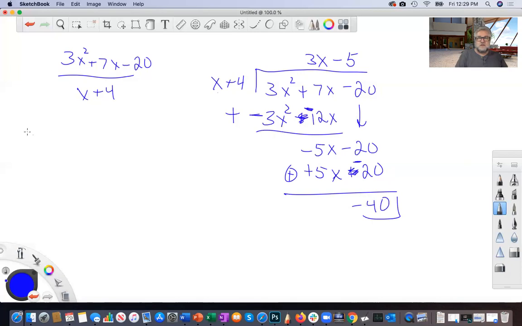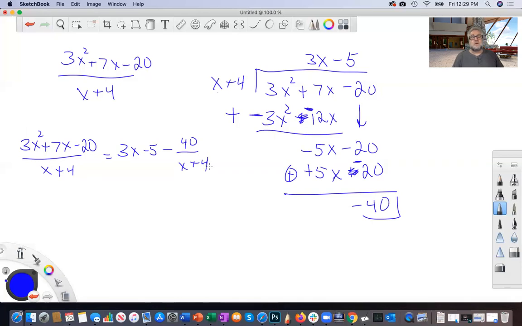So I would write this 3x squared plus 7x minus 20 over x plus 4 as 3x minus 5 minus 40 over x plus 4. Okay?